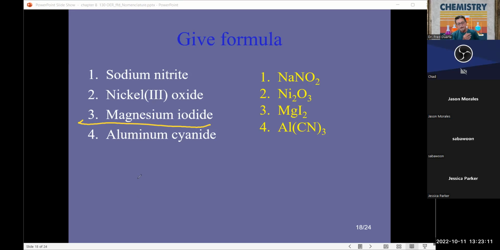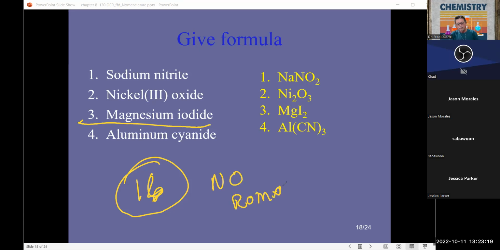And the second point is this: for the group 1A and 2A metals, the good old metals, no Roman numerals.